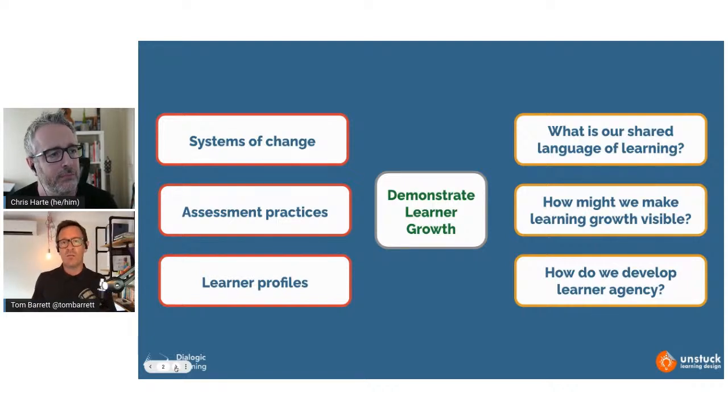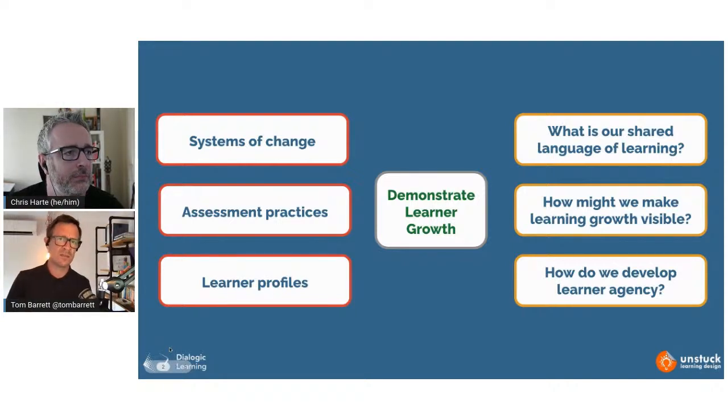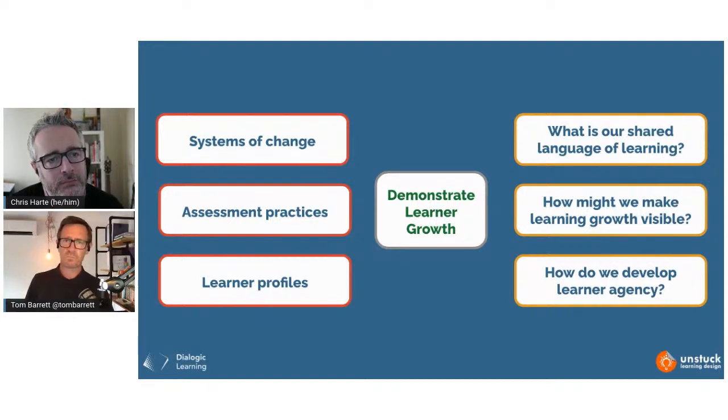So we're thinking about a shared language of learning. And I know many of you responded to Chris's post on LinkedIn, thinking about what our language of learning is within our school, within our team, within our classes with our students. How might we make learning growth visible? How do we actually see it with our own eyes? How do we experience it?